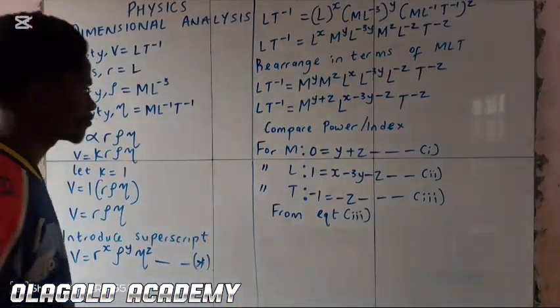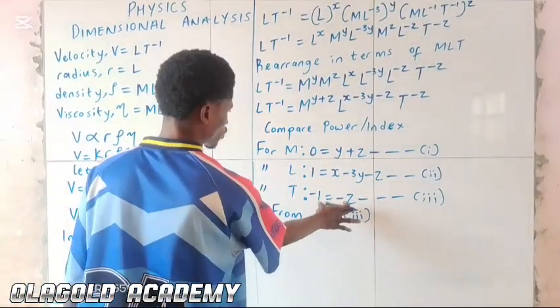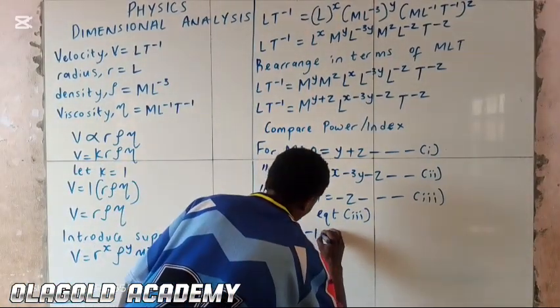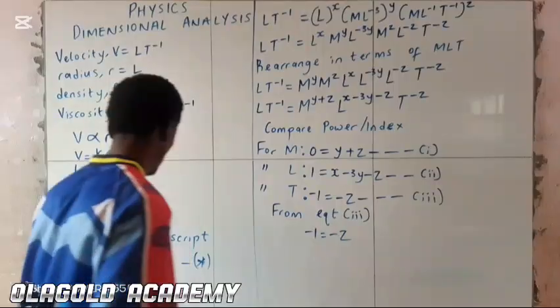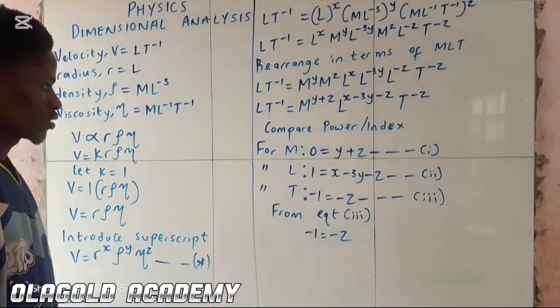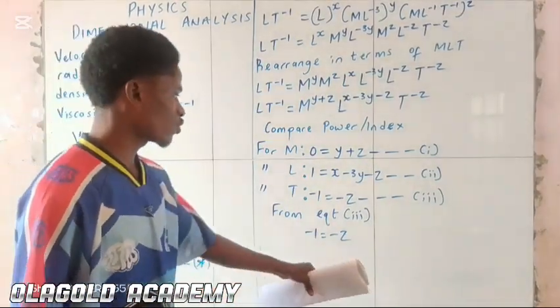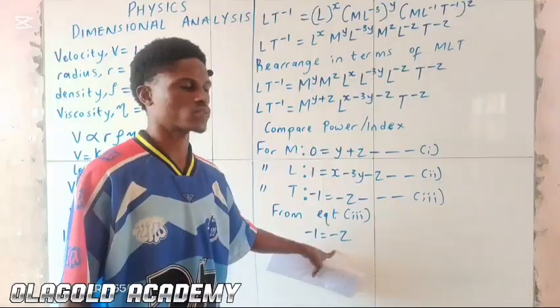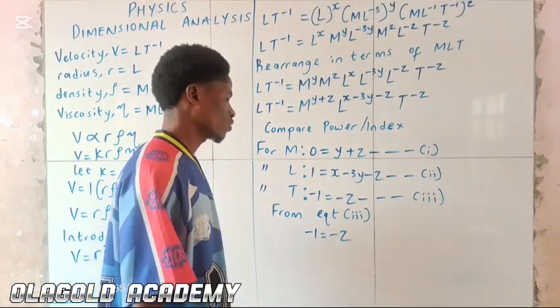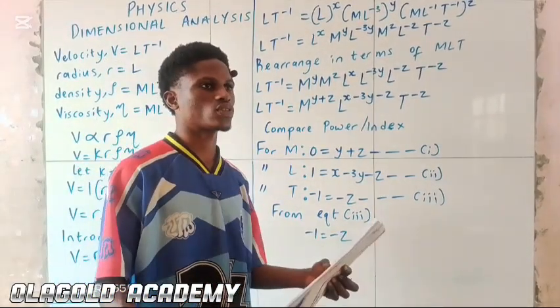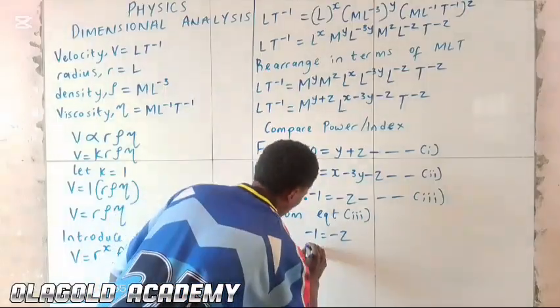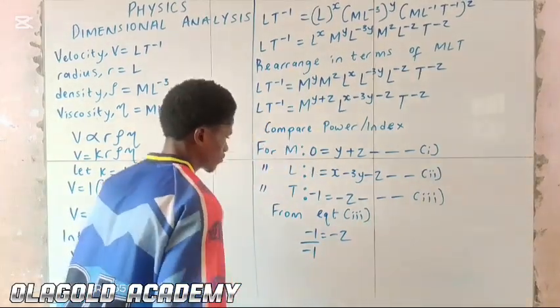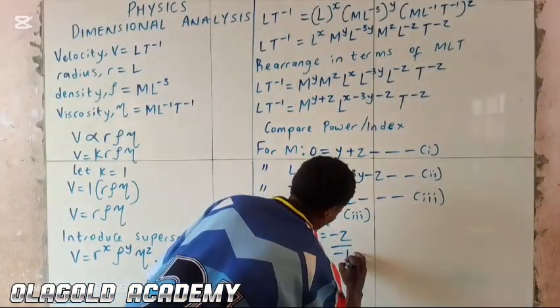So we're going to have this equation 3. We're having minus 1 equal to minus z. So we have this. Our next task, we're looking for z here, not minus z here. So what do we do? We divide both sides by minus 1. So we're over minus 1, over minus 1.